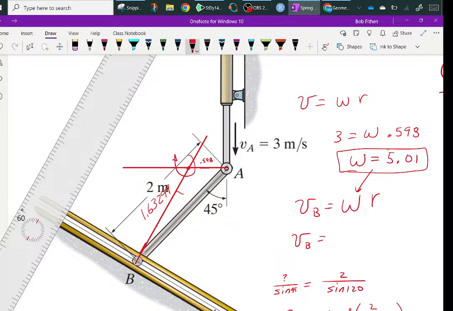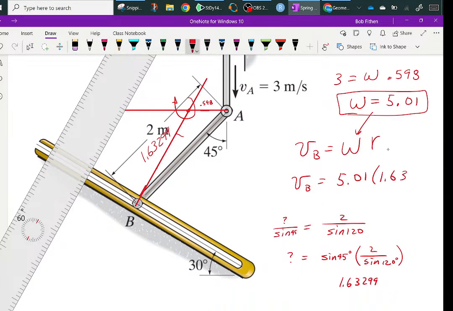So the velocity of B is equal to 5.01 times 1.63299, or the velocity of B is equal to 5.1 times 1.63 at 3. So I get about 8.18. That's the velocity out there at point B.